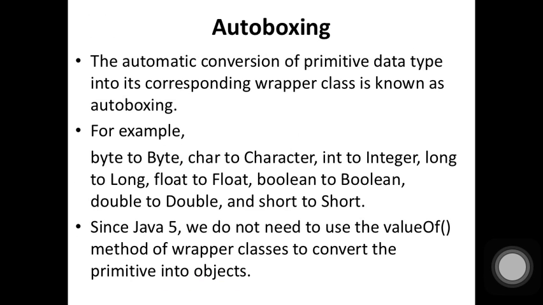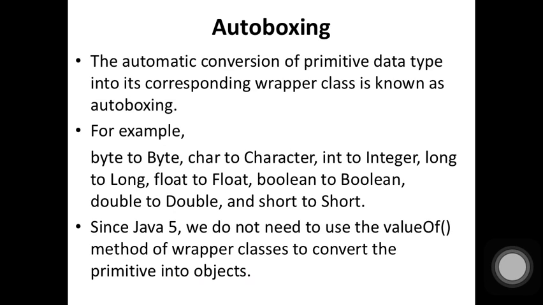Next is a simple topic, autoboxing. Boxing and unboxing: making a primitive data type into an object and extracting a value from an object. Autoboxing is the automatic conversion of a primitive data type into its corresponding wrapper.